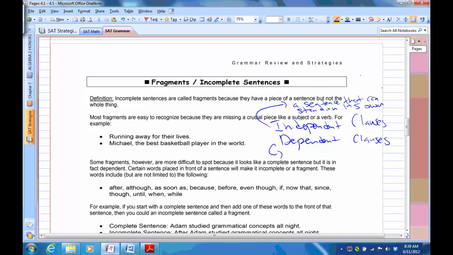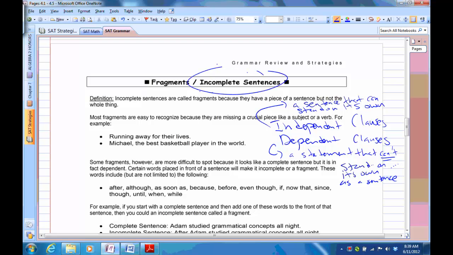A dependent clause is basically a statement that can't stand on its own as a sentence. So that's what we're talking about here.